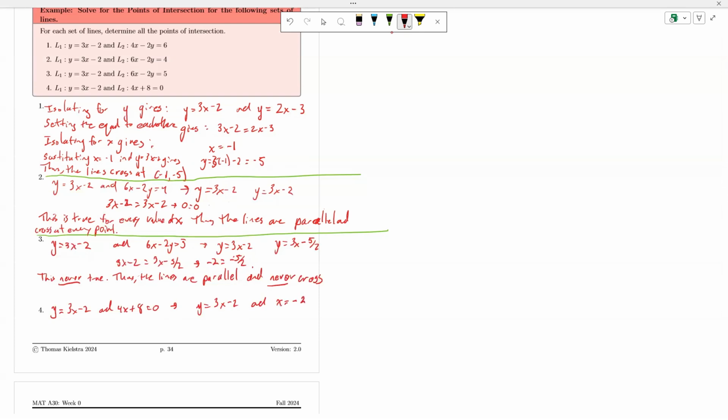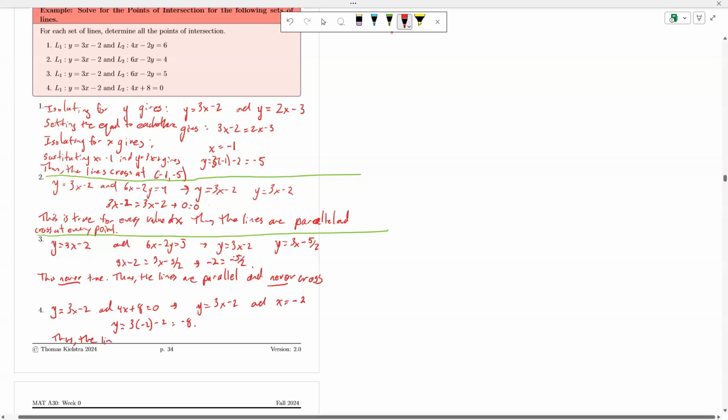We take that minus 2 and we plug it in, so y equals 3 times minus 2 minus 2 equals minus 8. Thus, the lines cross at (minus 2, minus 8).